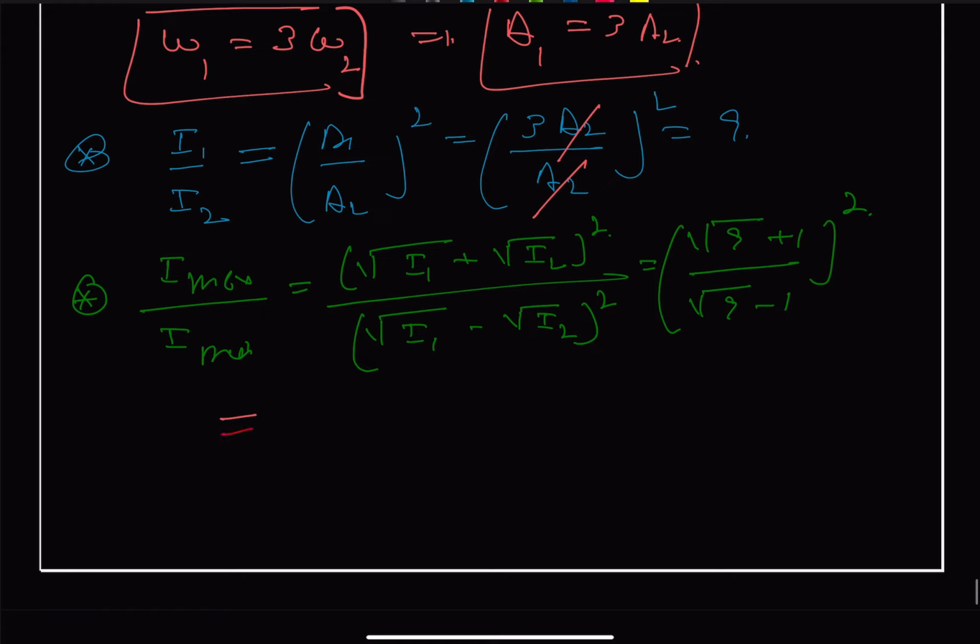So 3 plus 1 is 4, and 3 minus 1 is 2, whole square, and 4 over 2 squared will be equal to 4:1.